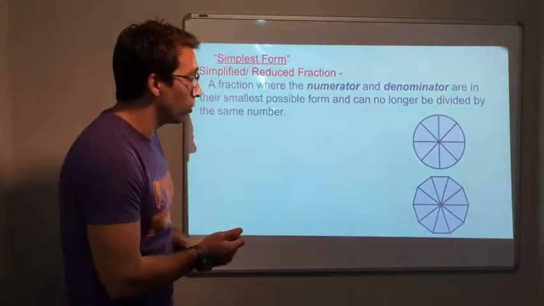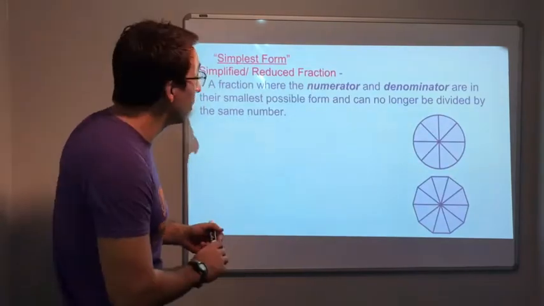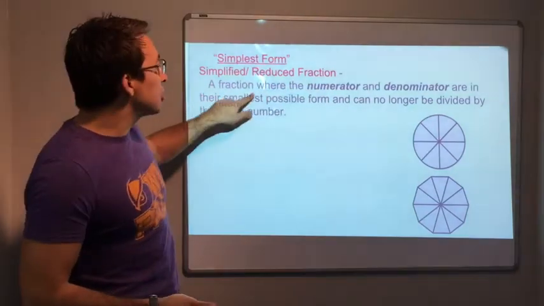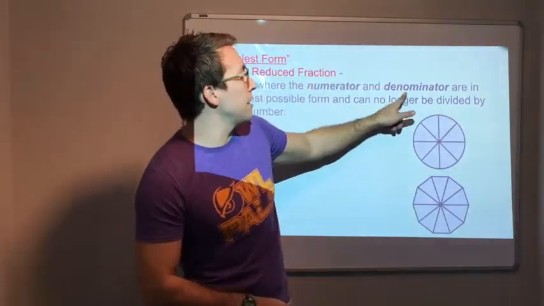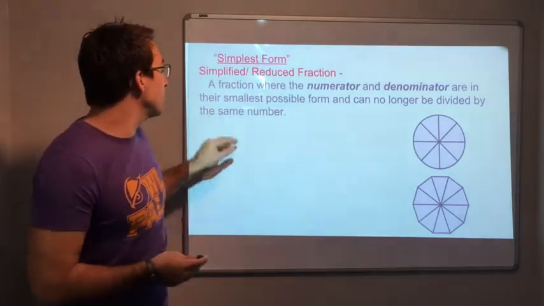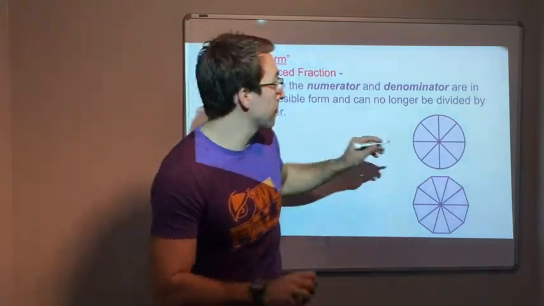So, simplest form. Do you ever hear like, hey, the fraction needs to be put in its simplest form? Simplified or a reduced fraction. A fraction where the numerator and the denominator are in their smallest possible form and can no longer be divided by the same number. Watch this.